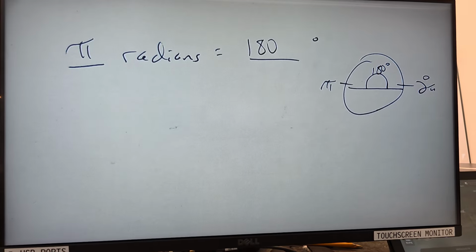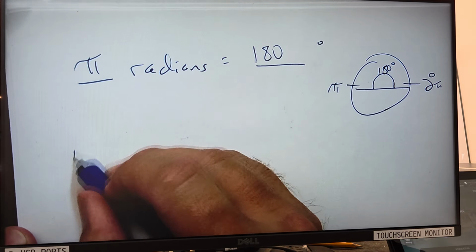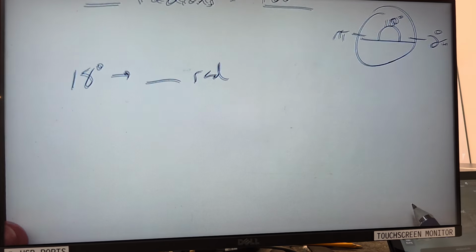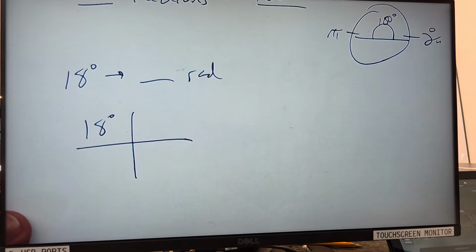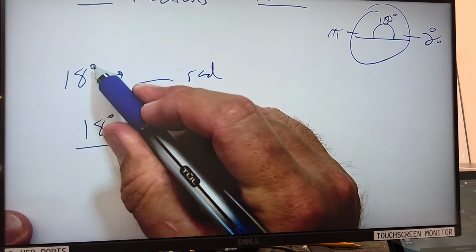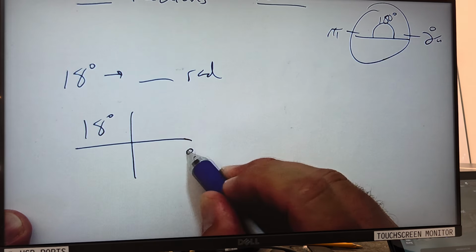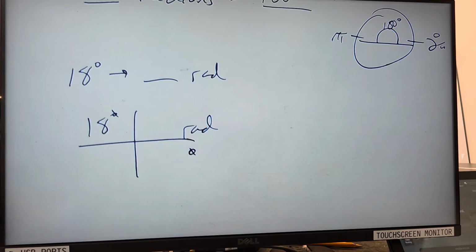Just to remind you guys, what you got, Jeff? How would I go from 18 degrees to radians? Where would I put degrees so they would cancel? Bottom. They cancel then. Yes? So on the top, I'm going to put radians, so I end up in radians.